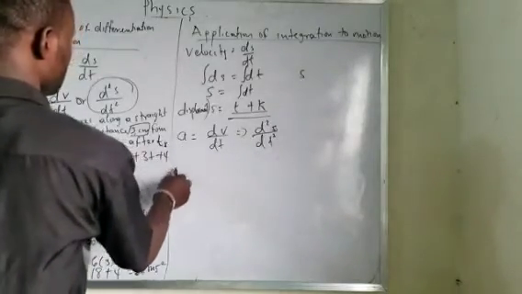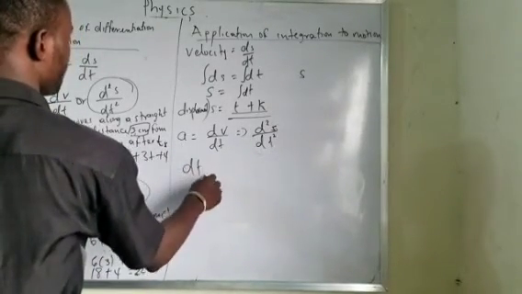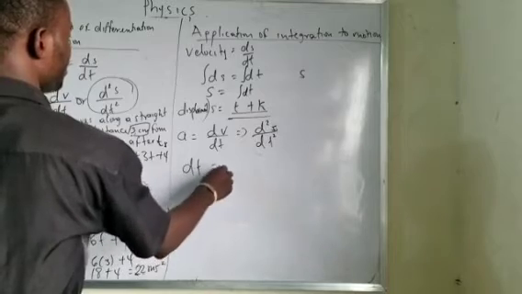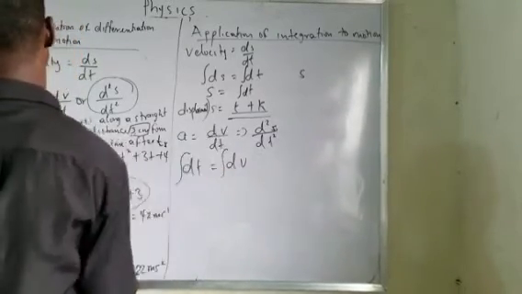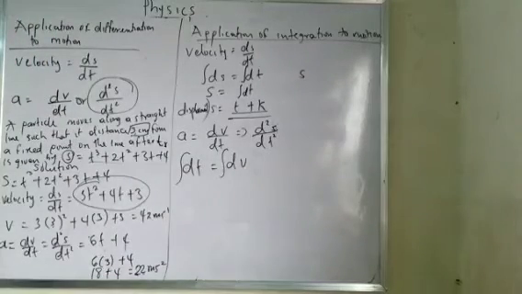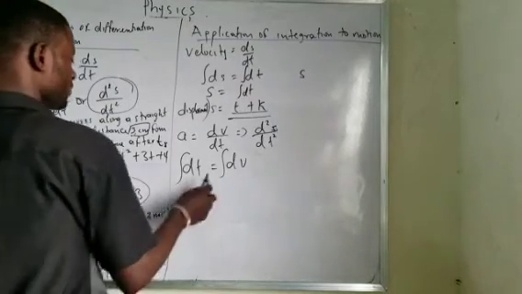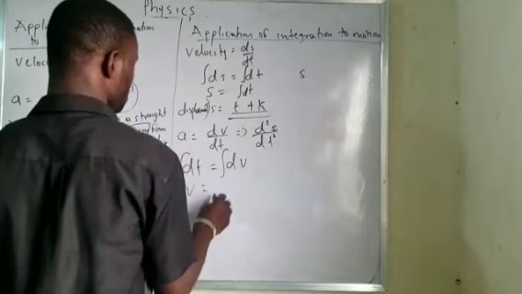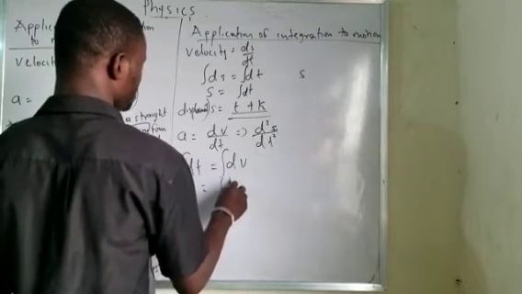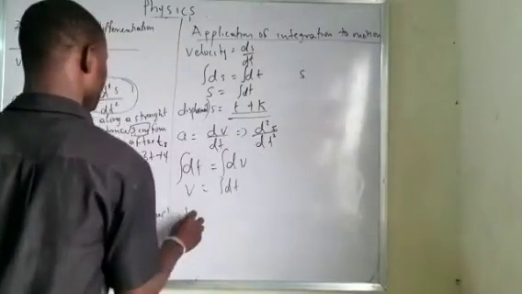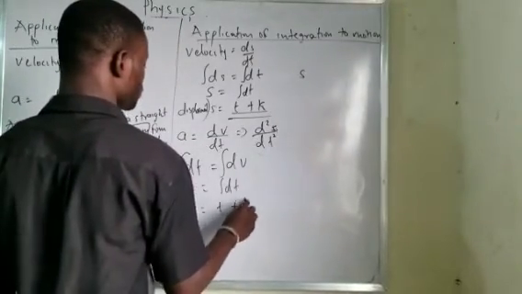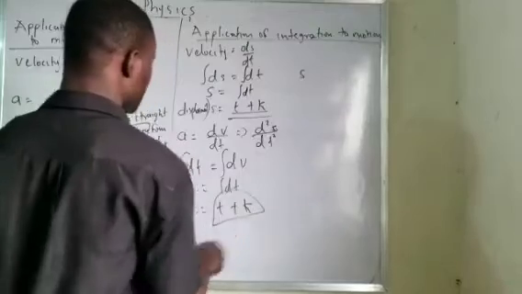Once we integrate a dt, we get back to v. Once we integrate it, my v equals the integral of a dt, whatever we get, plus K. Whatever we do, that is all about that.